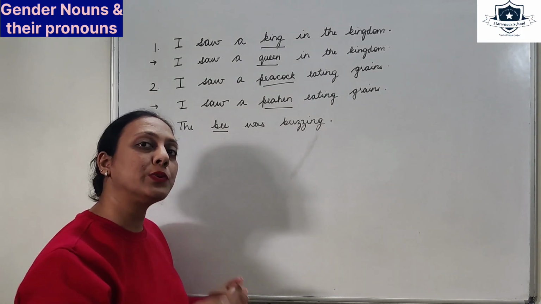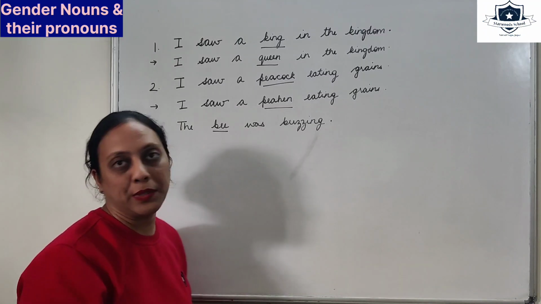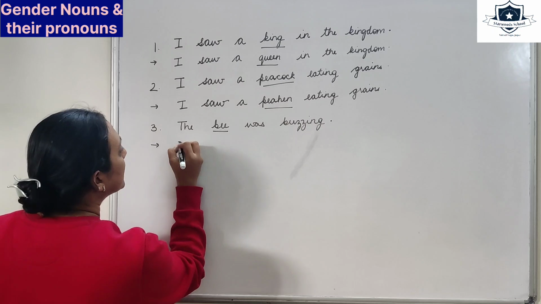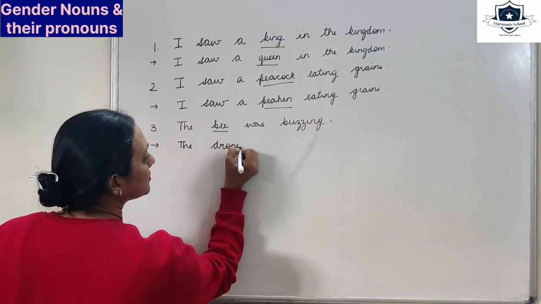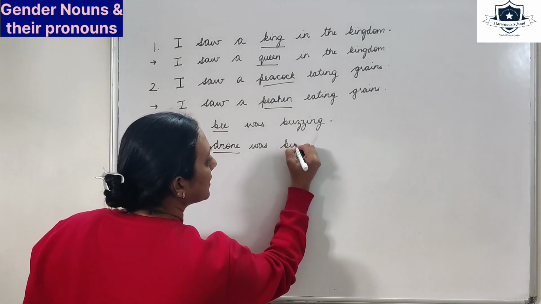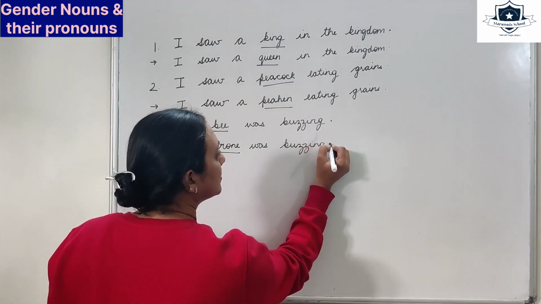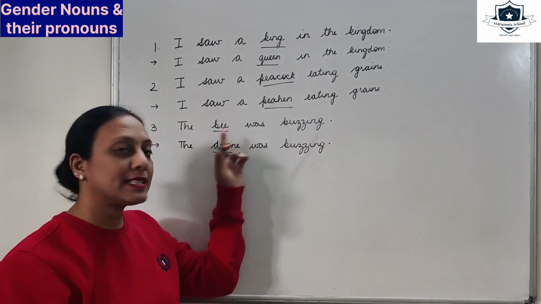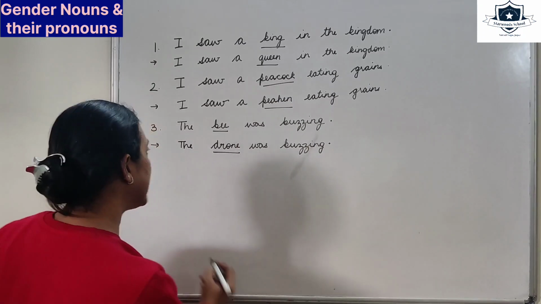Now I am changing two sentences where feminine nouns are changed to the masculine nouns. The drone was buzzing. So bee is the feminine noun and drone is the masculine noun for the same.